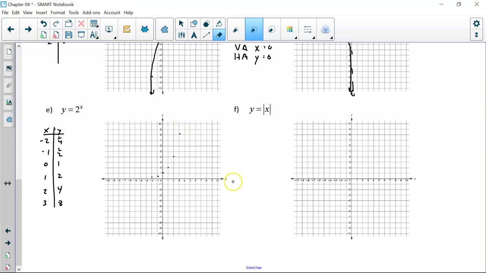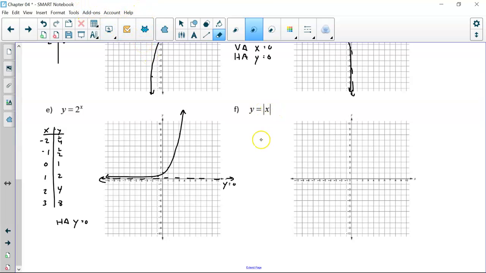Exponentials have a horizontal asymptote, which is going to be right here at y equals 0. And when we draw our graph, the exponential looks like that. It might change a little bit depending on what your base is.